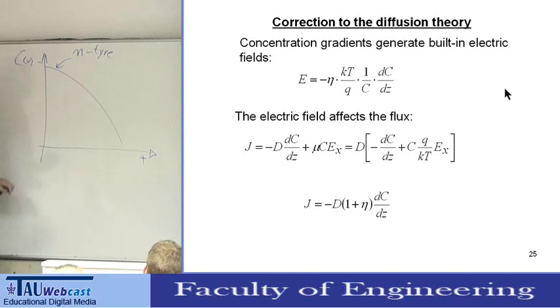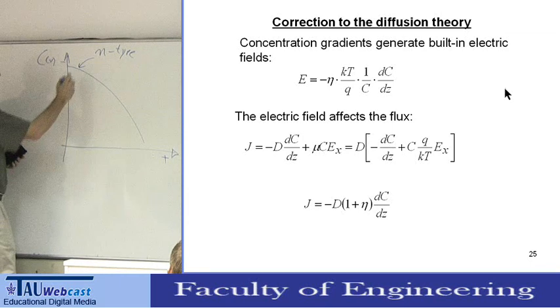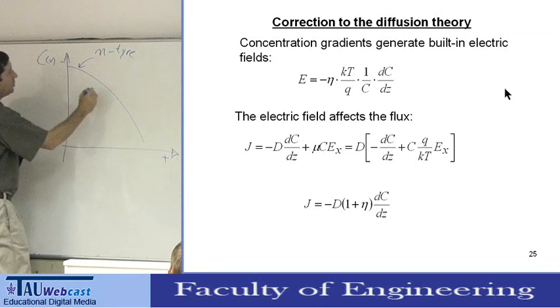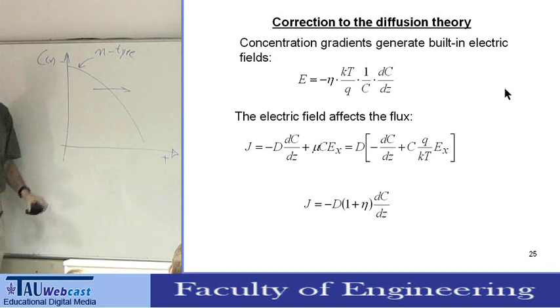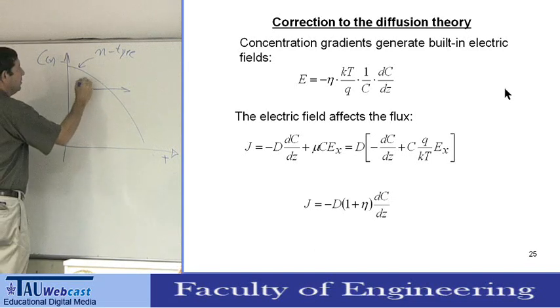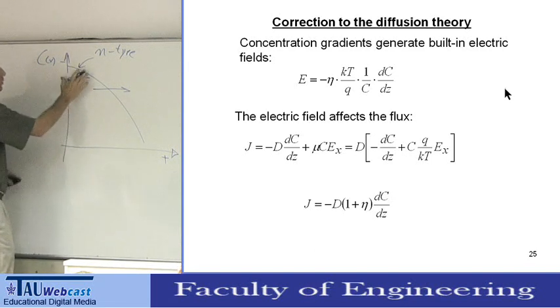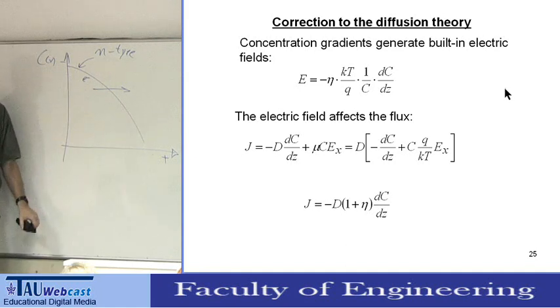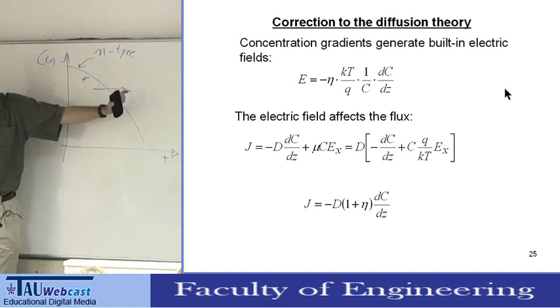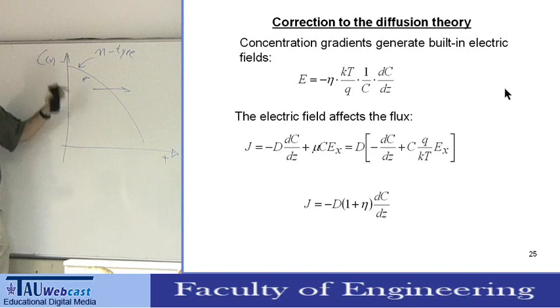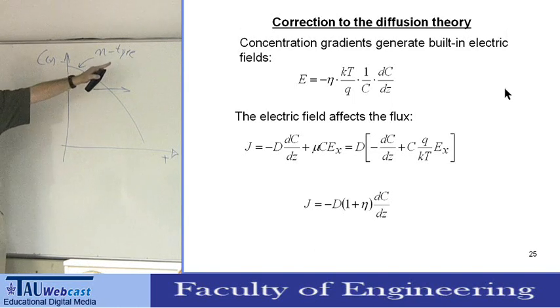Because we have N-type dopant, we have electrons, and the electrons tend to diffuse in this direction. Here we have a lot of electrons, and here we have a small number of electrons. The electrons also want to diffuse. Now, electrons diffuse faster than the N-type dopant.